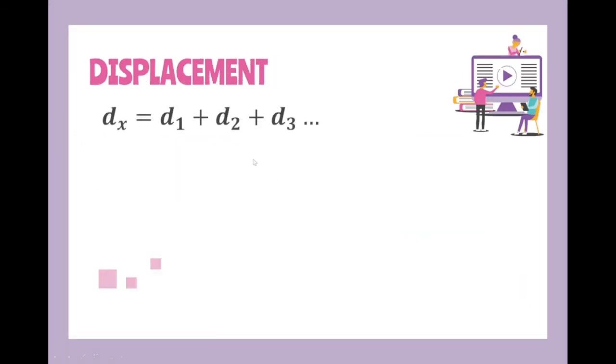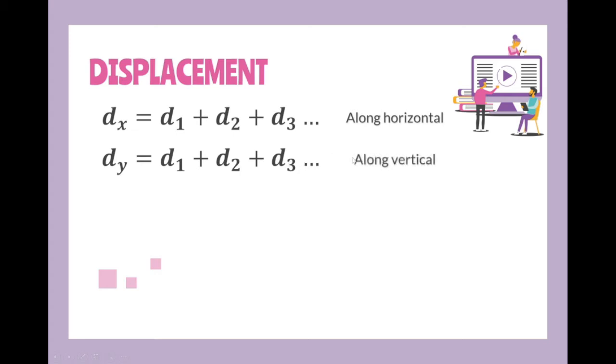The formula for displacement is d sub x is equal to d sub 1 plus d sub 2 plus d sub 3, and this is the displacement along horizontal. For d sub y is equal to d sub 1 plus d sub 2 plus d sub 3 and so on, this is along vertical.